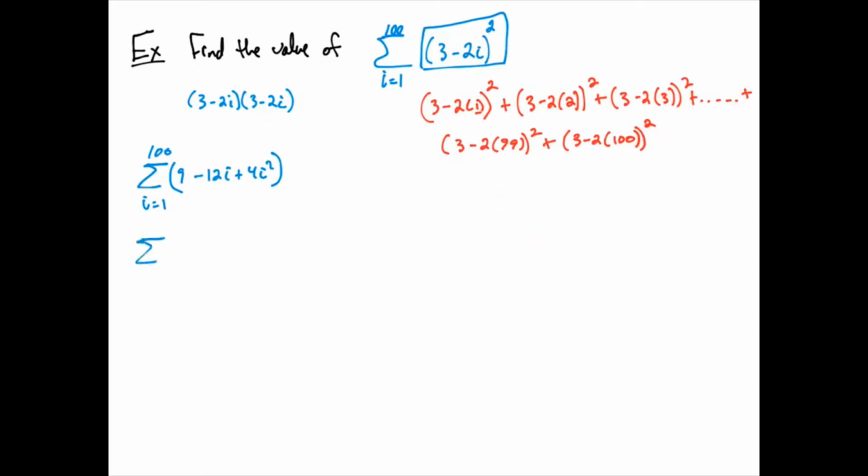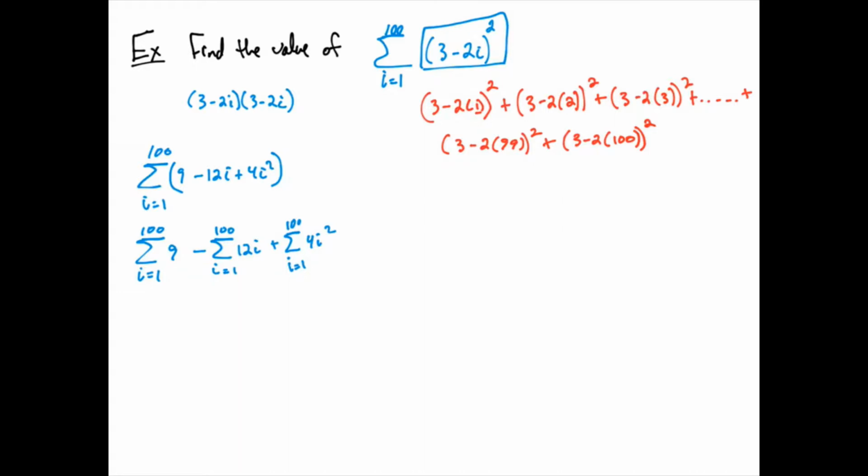I'm going to rewrite this: sigma from i equals 1 to 100 of 9, minus sigma from 1 to 100 of 12i, plus sigma from i equals 1 to 100 of 4i squared. It's kind of like we're distributing this through. That's not technically what's happening because we're not multiplying, but it's getting applied to each term.